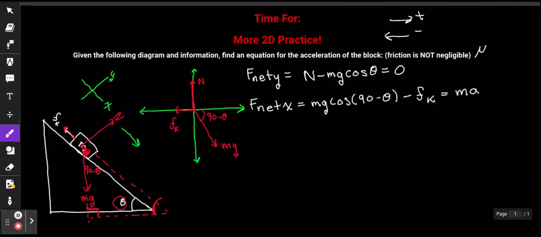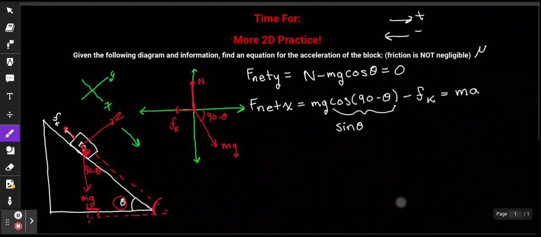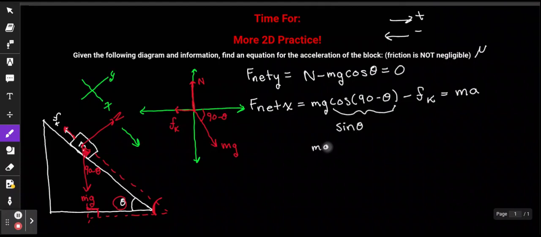However, there is some simplifying to do here. First of all, cosine of 90 minus theta is equal to sine theta. So the x component of our mg is going to be mg sine theta. This sounds a little counterintuitive, but that is because the theta they give us is not directly below or above the horizontal of the vector of our gravitational force.